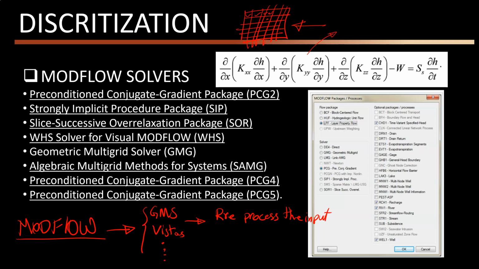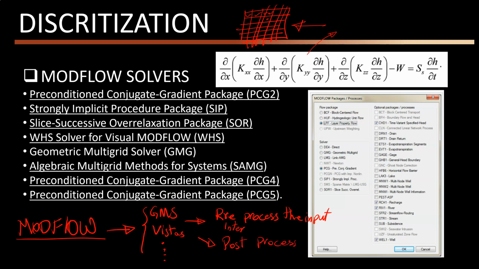For example, there are some additional features like interpolation models, which help us to extend the data. We're going to talk about this. So there are tools which help us to pre-process the data and prepare and make our groundwater model. And there are also very useful tools to post-process the outputs.